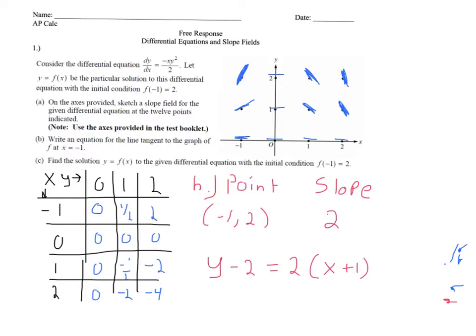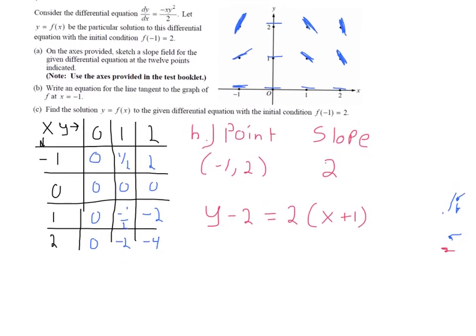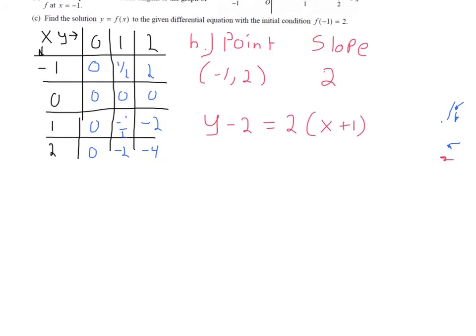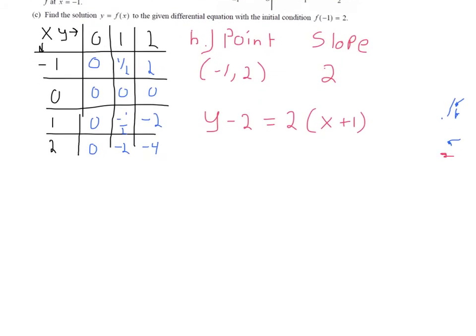So for part C, we want to find the particular solution given an initial condition. So we're working with the differential equation, dy dx is equal to -xy squared over 2, and the initial condition is that when x is equal to 1, our y value will be 2.